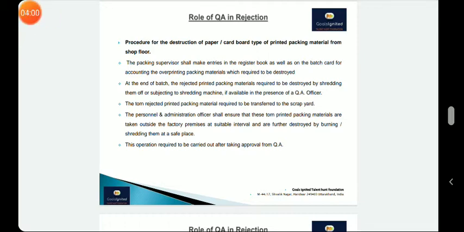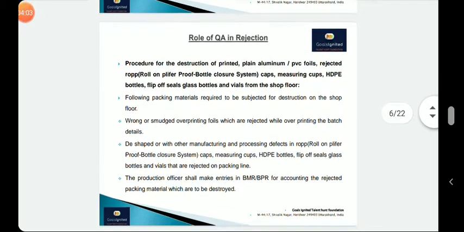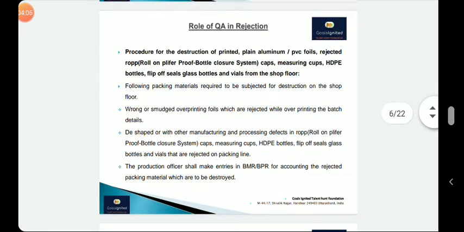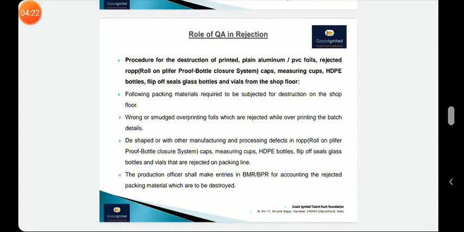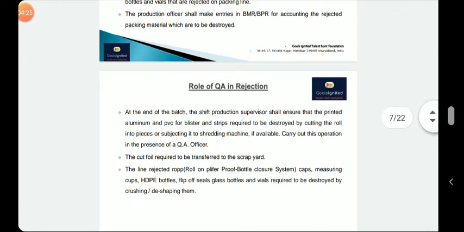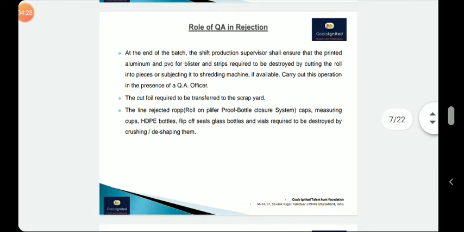Next is the procedure for the destruction of printed plain aluminum PVC foil, rejected ROPP caps, measuring cups, HDPE bottles, flip-off seals, glass bottles and vials from the shop floor. The following packing materials are to be subjected to destruction on the shop floor: wrong or smudged overprinting, as we discussed earlier, from the batch packing details. It is the duty of the concerned production supervisor and the security officer or guards to ensure that no intact or filled bottles or vials are taken to the scrapyard. This is a mandatory and important requirement while handling rejections.